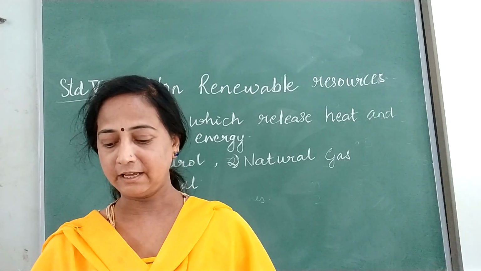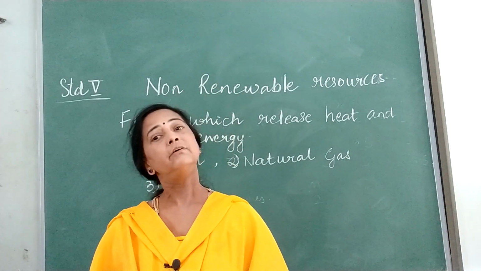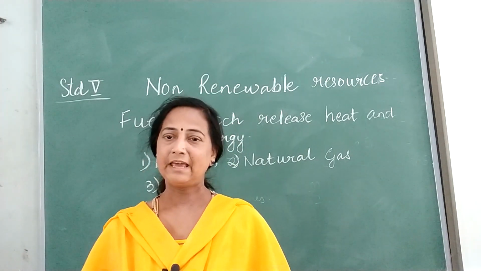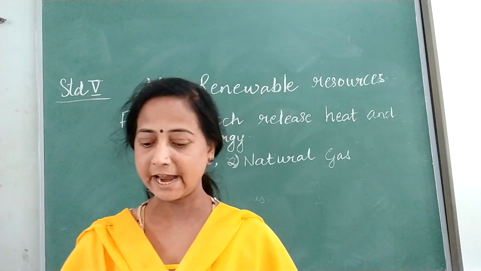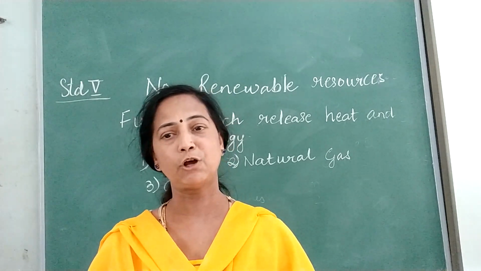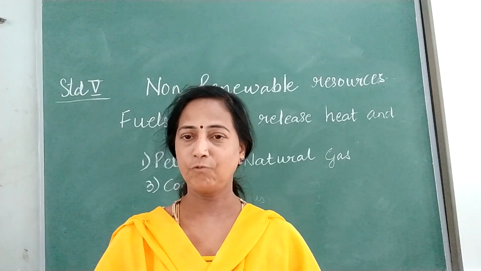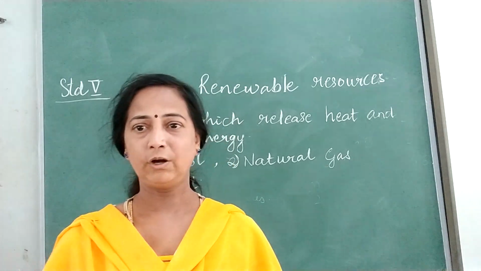Then solar energy. It gives heat and energy to the whole universe, right? Everyone is benefiting from solar energy, and it also helps plants in the preparation of the food they are preparing, right? Then animals.